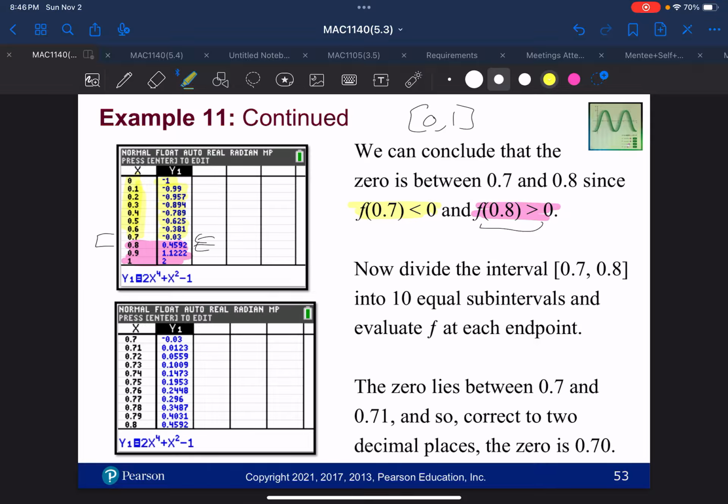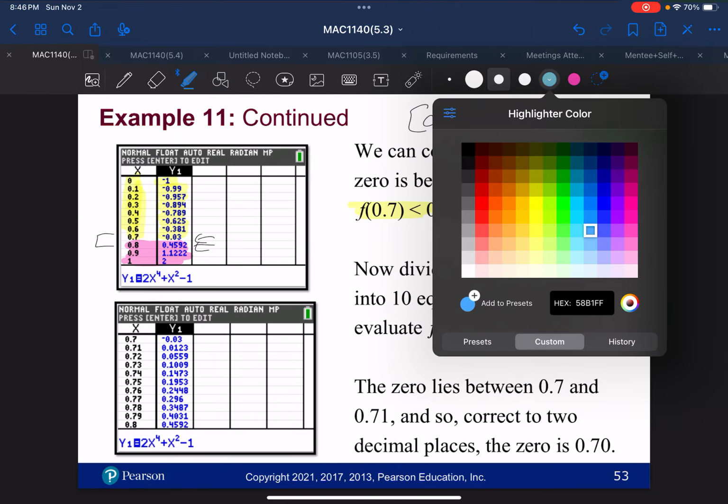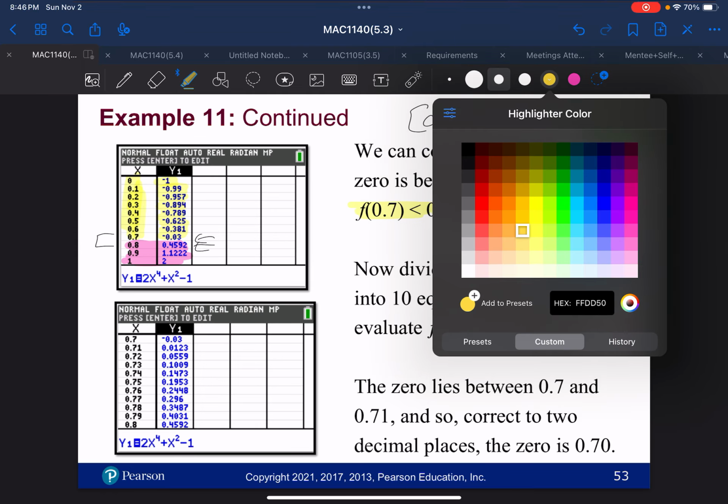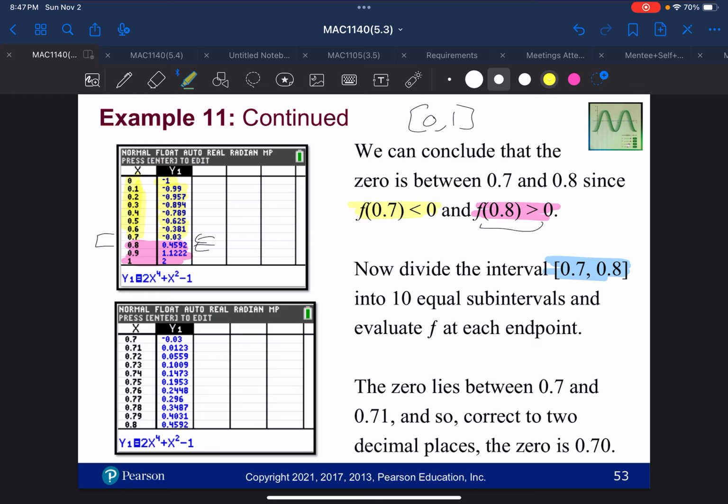So then I can break that interval up even further into another 10 equal sub-intervals. If you look down at this next table, they are breaking between 0.7 and 0.8. Now they're doing 0.71, 0.72, 0.73, 0.74, 0.75, 0.76, until 0.79.